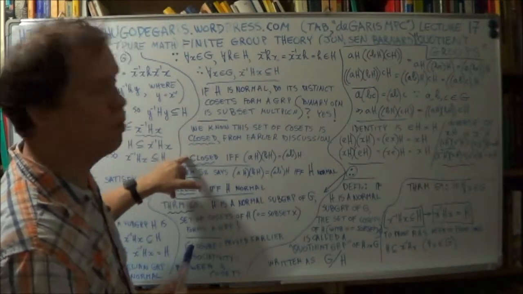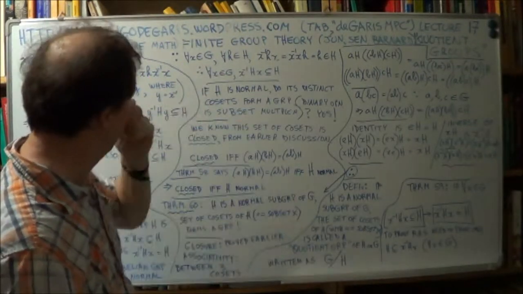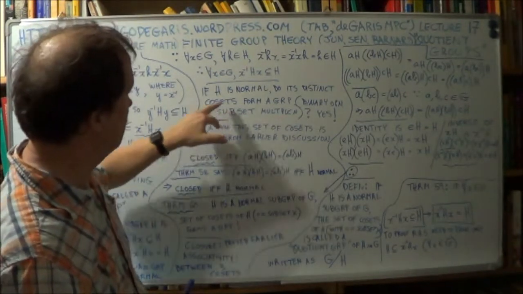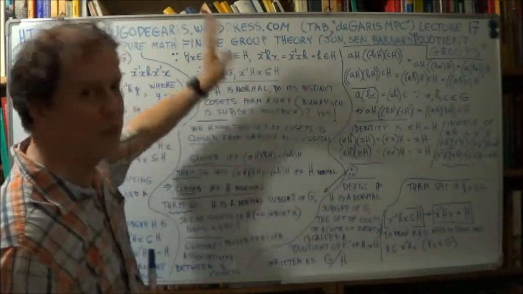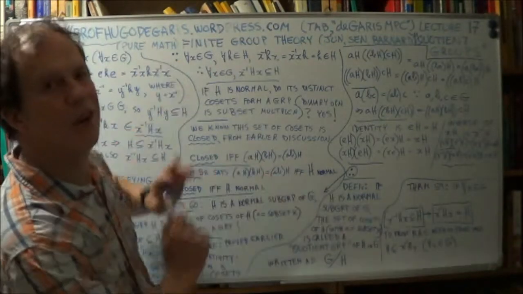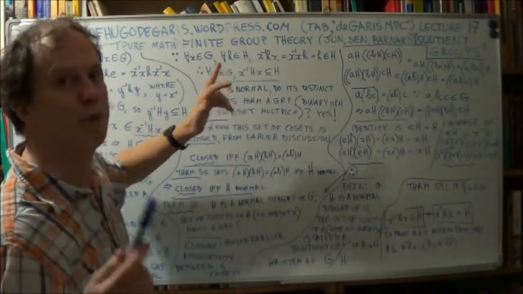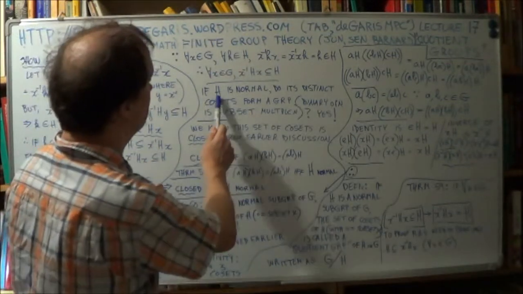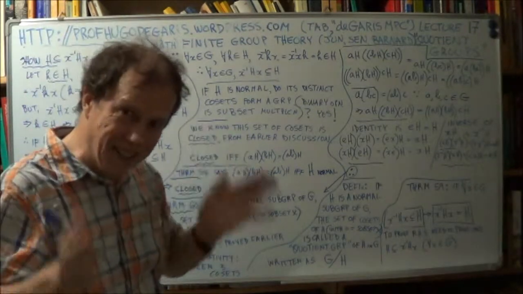Now we've already done closure, because that was the whole point of deriving this idea of subset multiplication and the idea of a normal subgroup. So we've already done the whole discussion on closure. That's where the concept of normal came from in the first place, right? So we've set things up and created this idea of a normal subgroup to get closure, right?